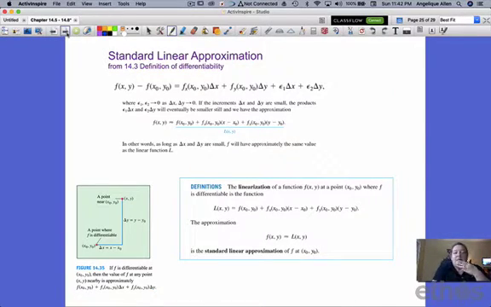Okay, so again, here's me trying to save a little time so you don't have to watch me write out all this stuff. This is from the book, and if you don't take a moment to think about it, then you're just trying to memorize a bunch of formulas that you can't keep straight because they're all so similar. So you did linear approximation in single variable calculus, and so we're going to build the idea for this in multiple variable functions using the definition of differentiability from section 14.3.